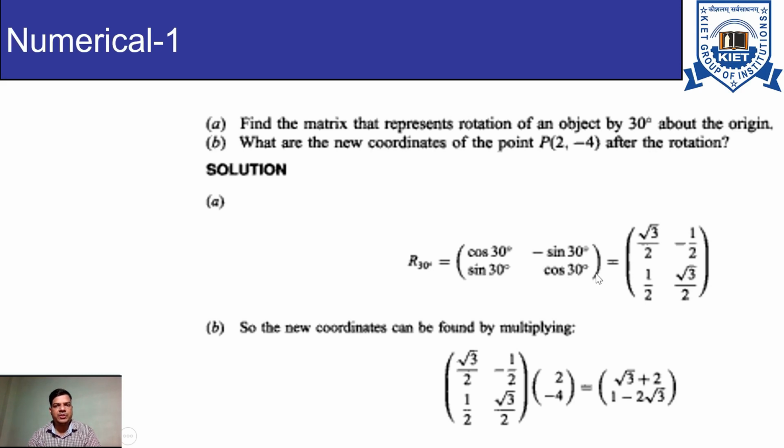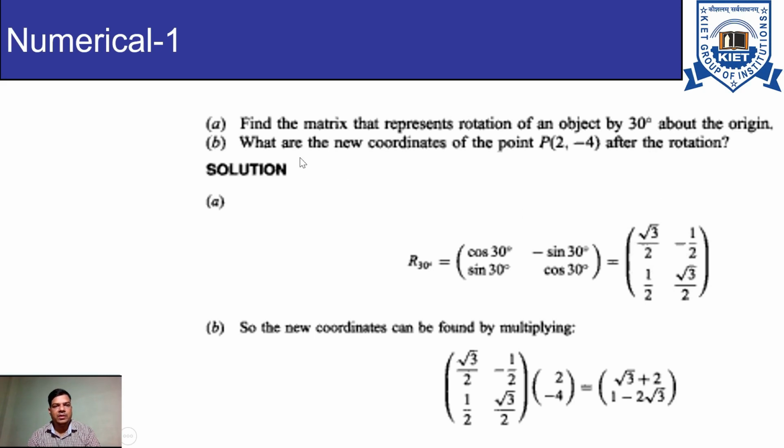Here we substitute the rotation angle as 30 degrees. So cos 30, minus sin 30, sin 30 and cos 30. Cos 30 is root 3 by 2. Sin 30 is 1 by 2. So we get the final matrix as root 3 upon 2, minus 1 by 2, 1 by 2 and root 3 by 2. So this is the solution of the first part of this numerical.